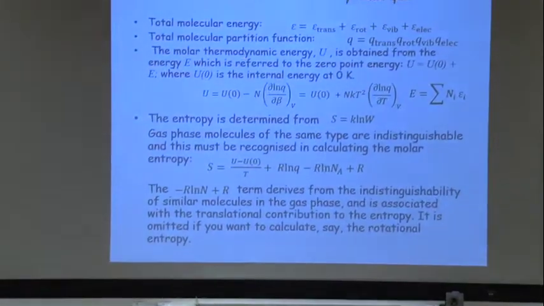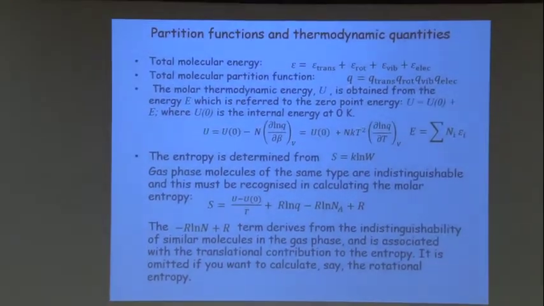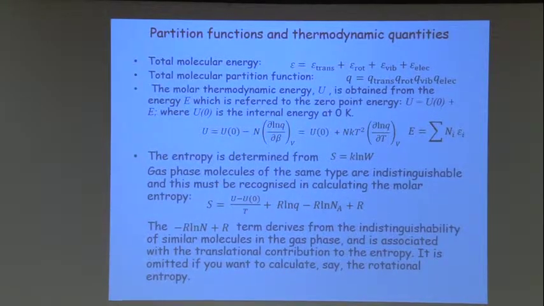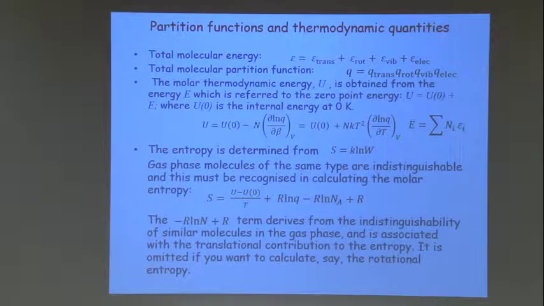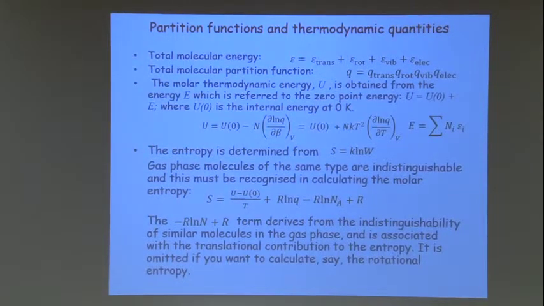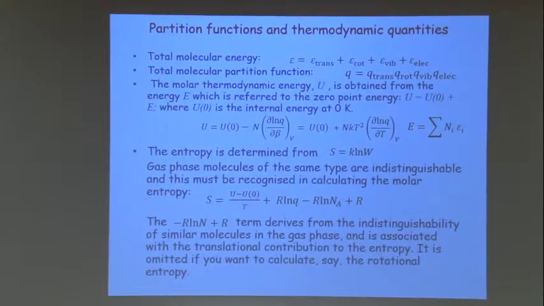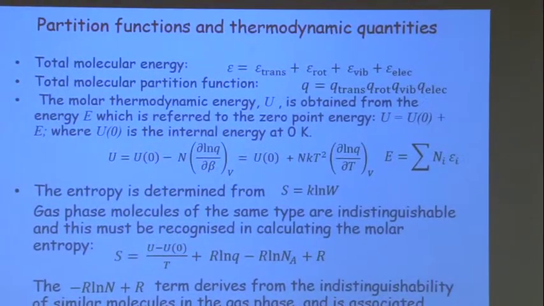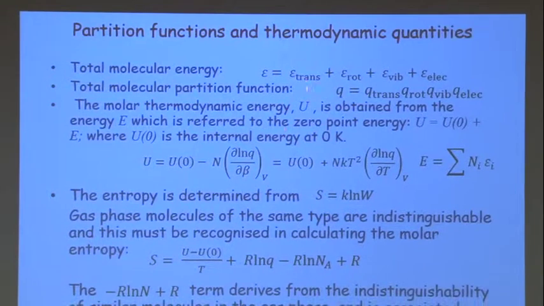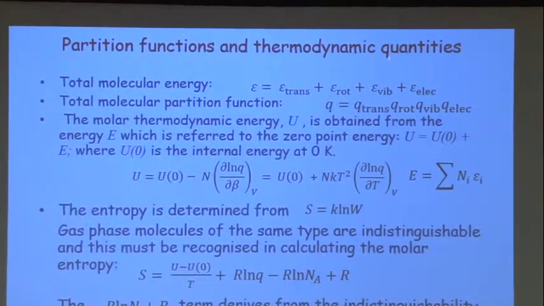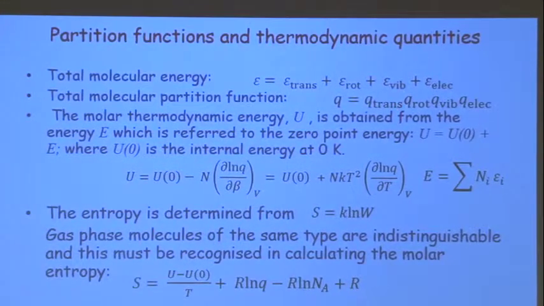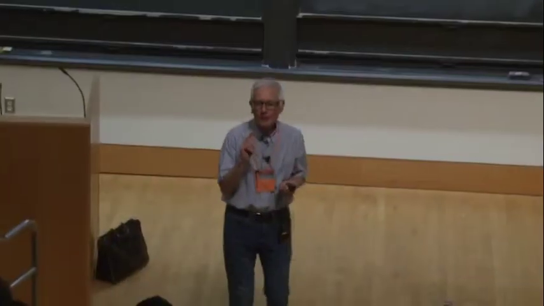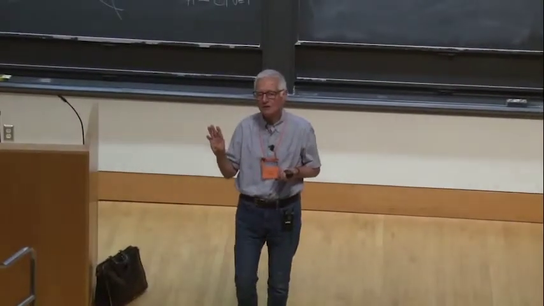So we saw how you can calculate partition functions for individual forms of motion, but from those we can calculate a total partition function for the molecule as a product of the individual partition functions. And the total energy is obviously a sum of translation, rotation, vibrational and electronic motion, but that energy appears in an exponential.